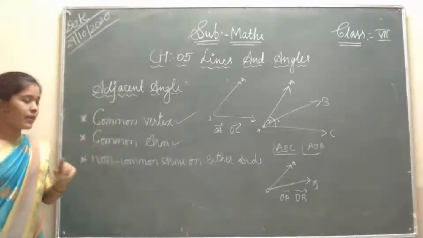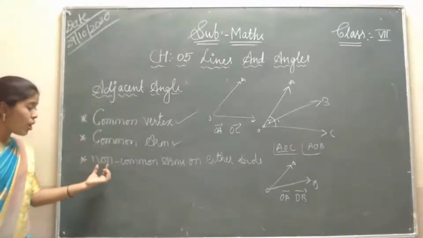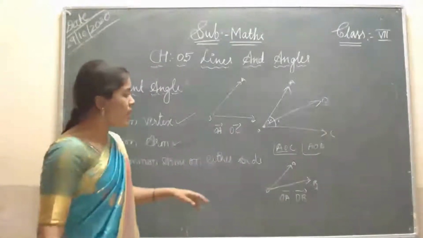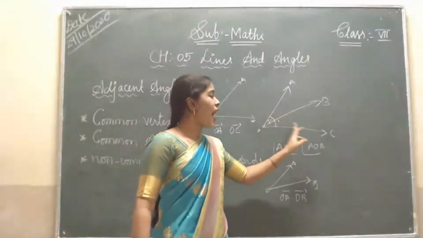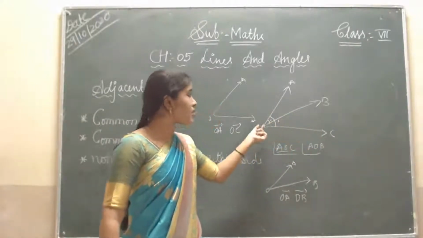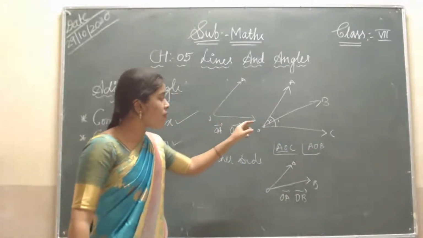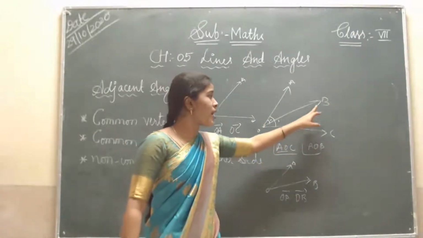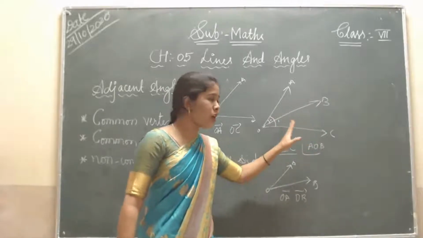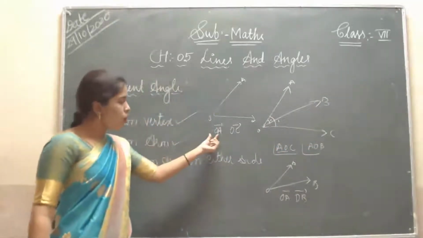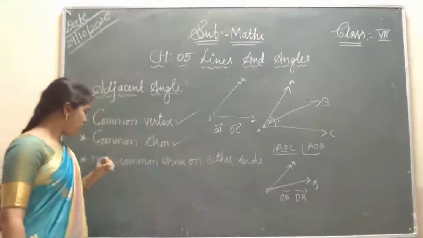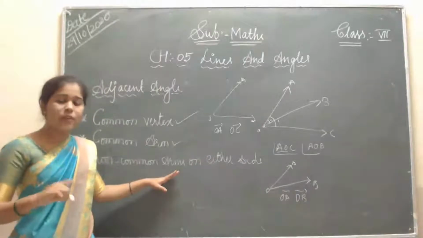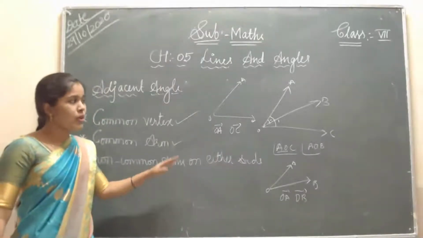But here, see, the last point. Remember the last point? Non-common arms on either side. Non-common arms here are OB and OC. Only OA is common, because we are taking one angle, the big one AOC, and another angle AOB. We are not taking angle BOC. Next, are the non-common arms OB and OC on either side of the common arm? No, because both OB and OC are on one side.